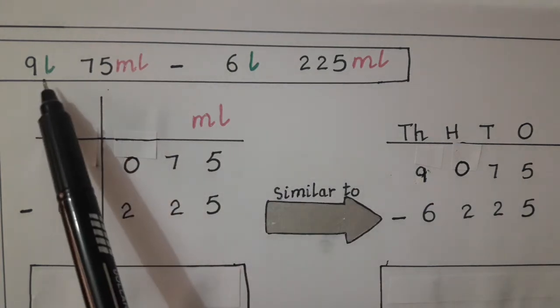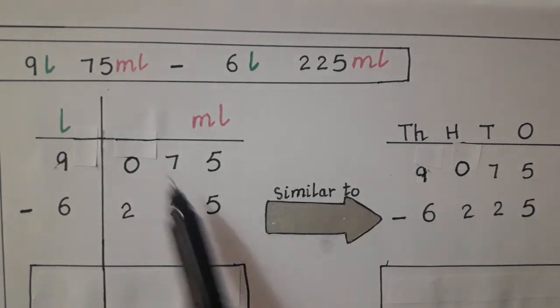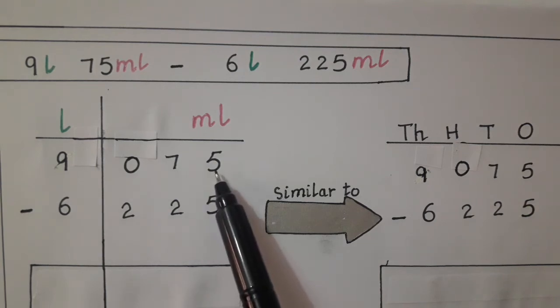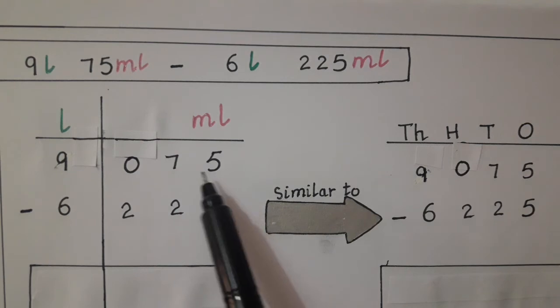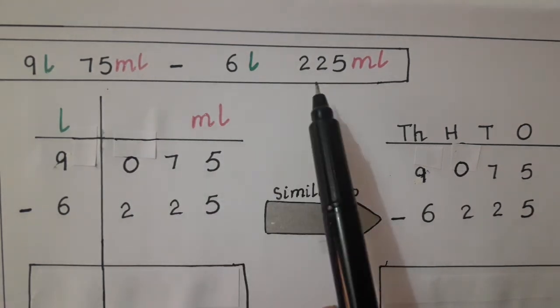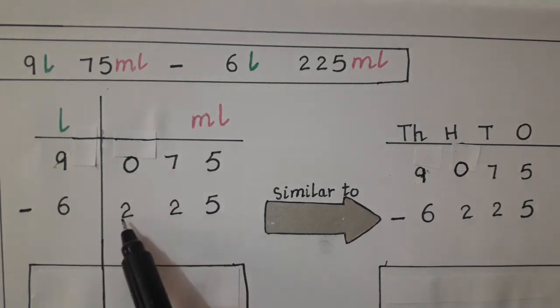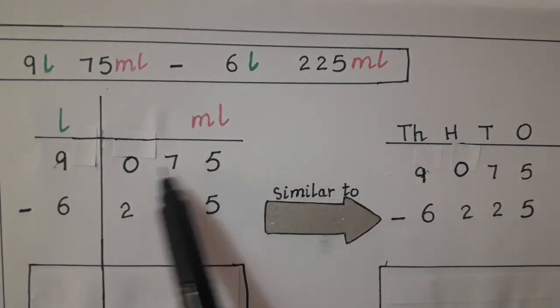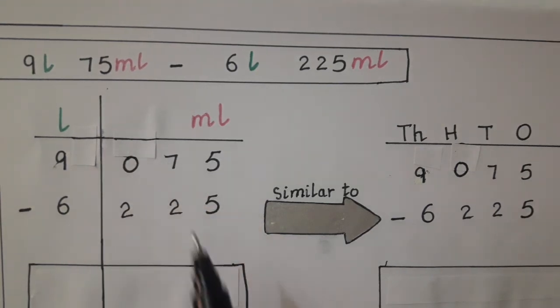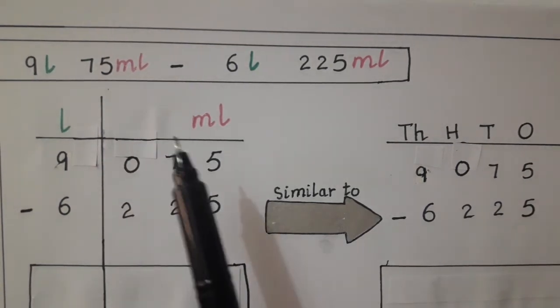For example, this is 9 liter and 75 milliliter. Sometimes by mistake, students, you write 75 in the wrong place, and for the next number 225 you write 2, 2 and 5, and your 75 is here. So students, always remember ones, tens, hundreds and thousands.